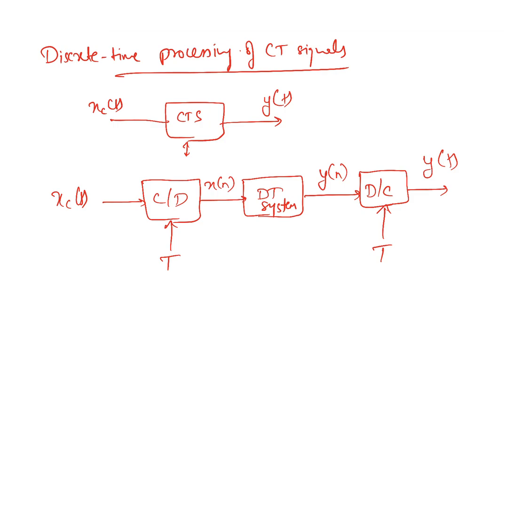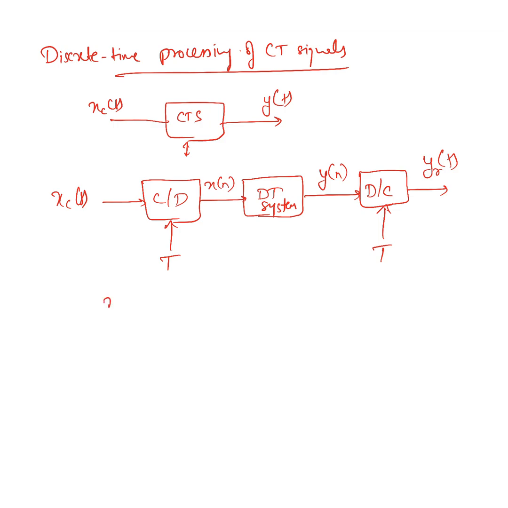For this we shall call it the reconstructed continuous time signal, because we have seen these two processings of the signals separately. Now we shall see, if we cascade these three blocks, how we can implement it in the discrete time framework.